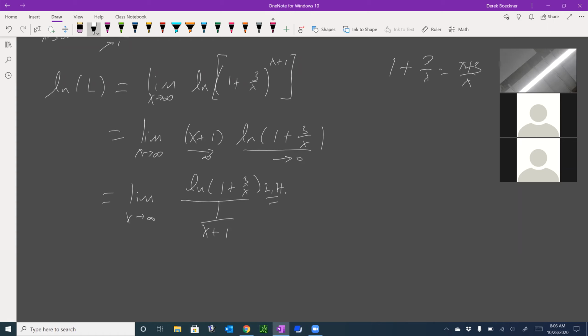The derivative of the log is one over 3 plus x. No, let's leave it like that. We'll leave it as 1 over 1 plus 3 over x, because that chain rule is easy enough that way. The limit as x goes to infinity of 1 over this stuff. Well, maybe I will keep that.